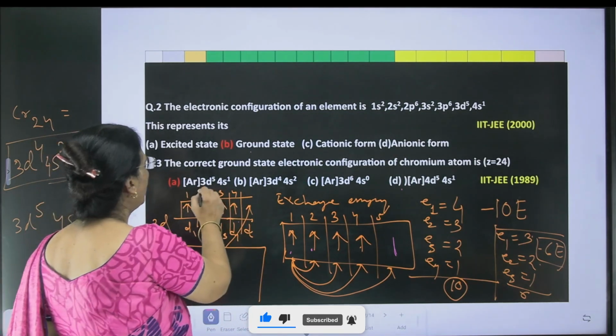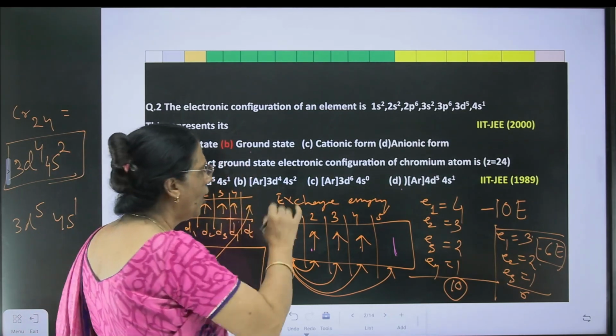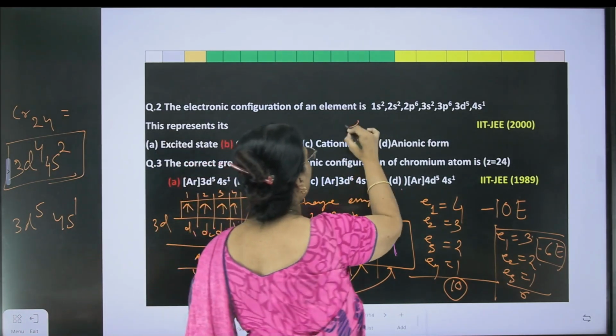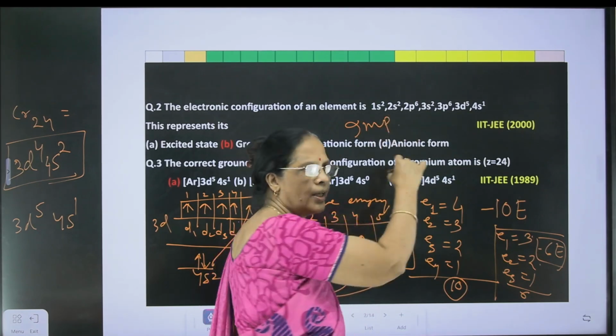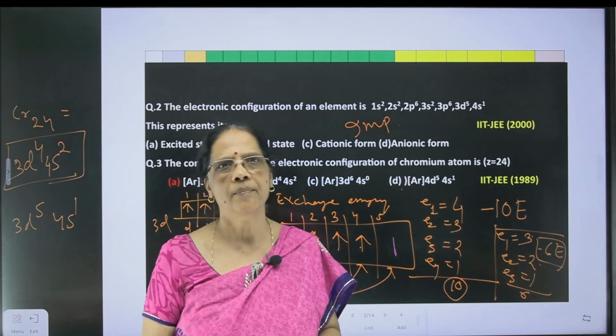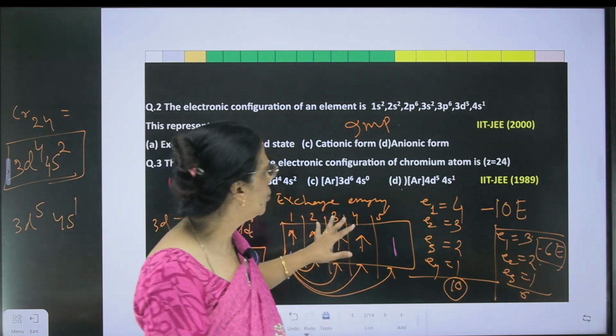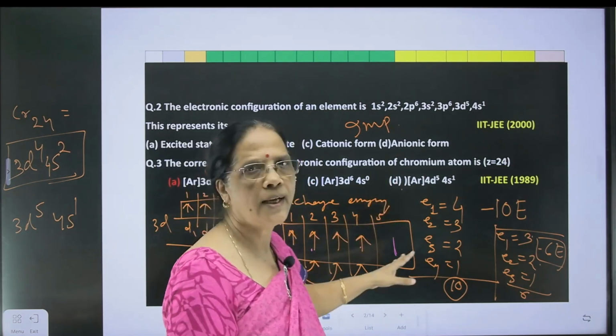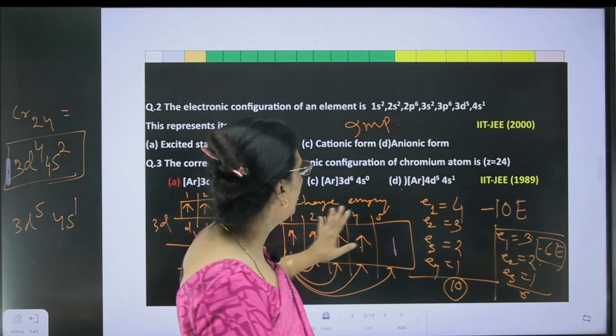So this is your right answer; the question is the same. This type of question always comes, it is very important. Whenever you see chromium d5 system and copper d10 system, it is always coming in the exam. By the help of exchange energy, you can explain which is more stable.